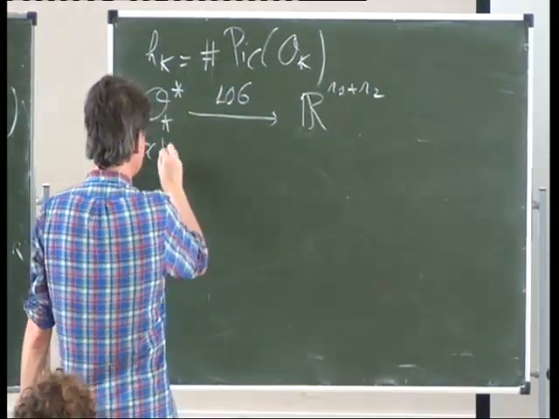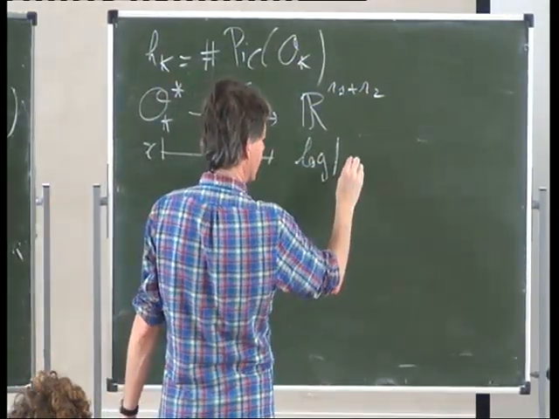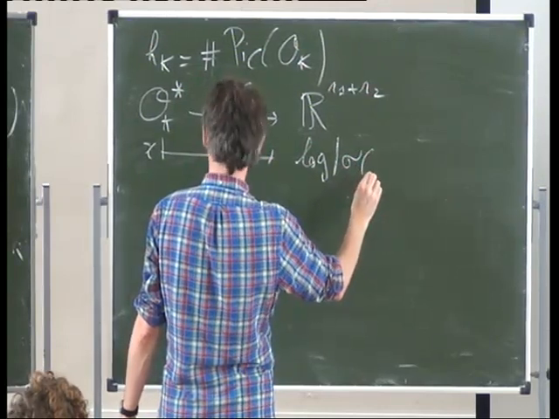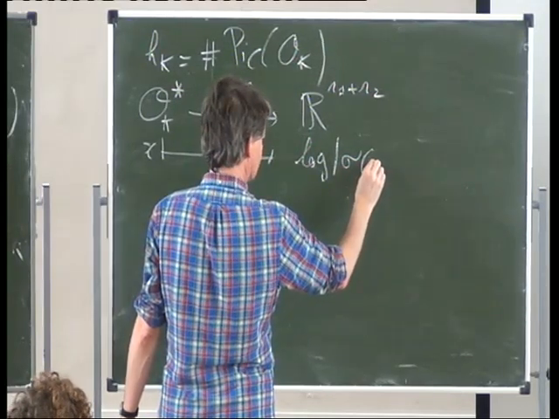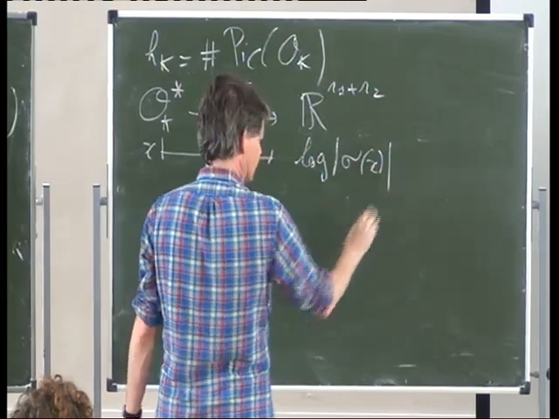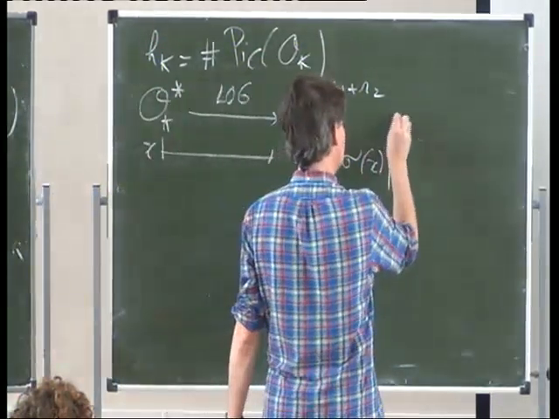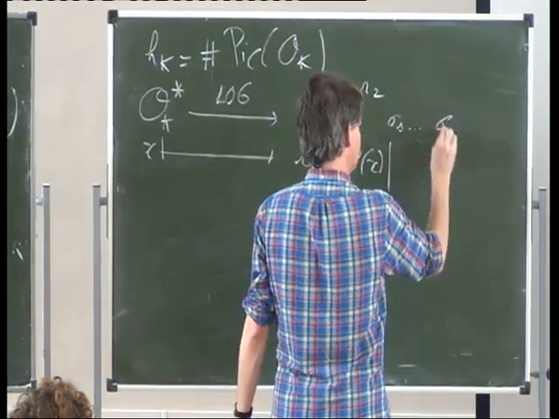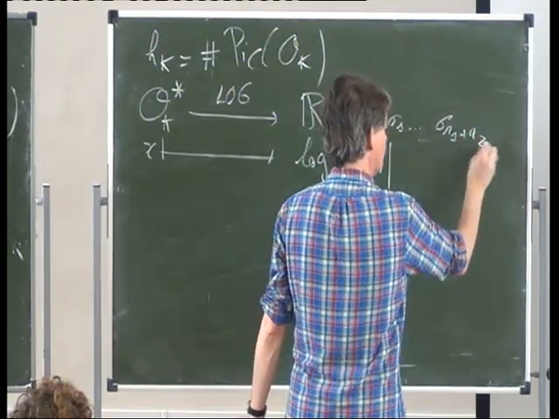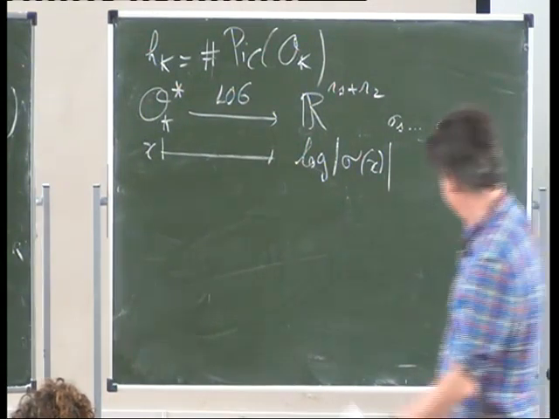Well, to a point x, you take the log of the absolute value for all the embeddings sigma of x. Where I take all the real embeddings, and I take only one in each pair because they would give the same.